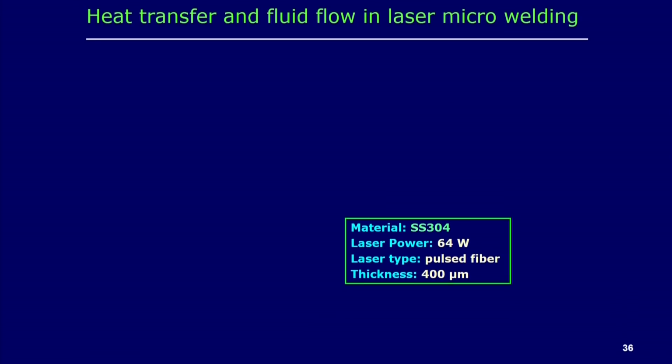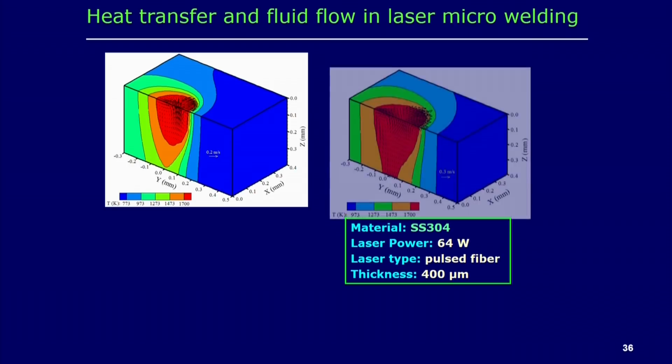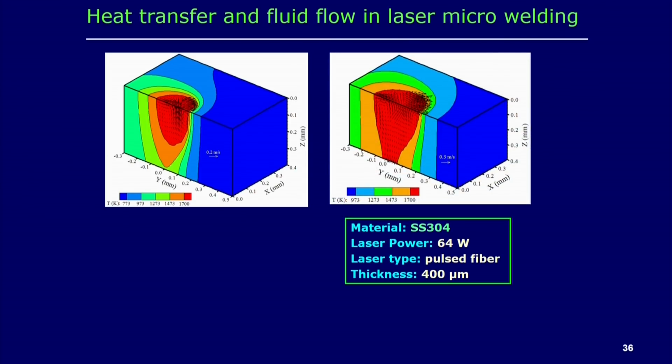Now we can see the further heat transfer and fluid flow in laser micro welding processes. Here, in case of SS304, the laser power was 64 watt, a pulsed fiber laser was used, and thickness was 400 micrometer.